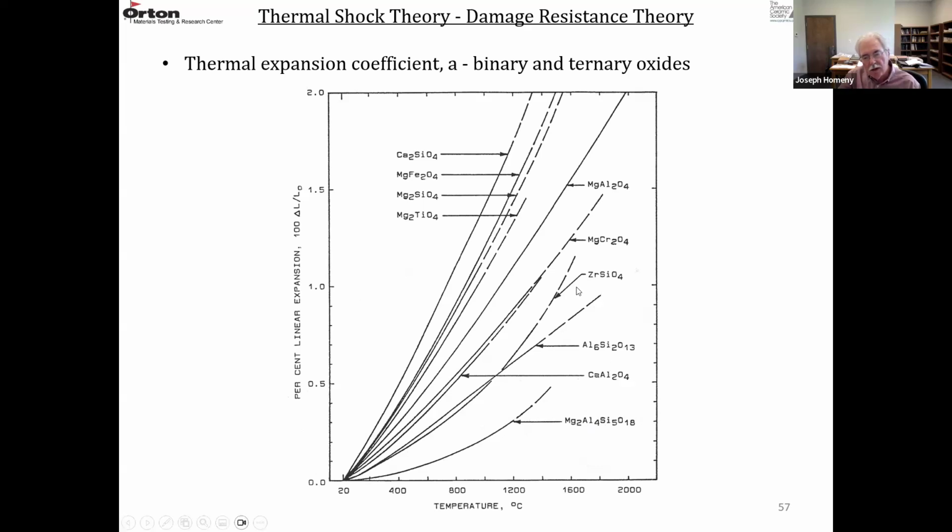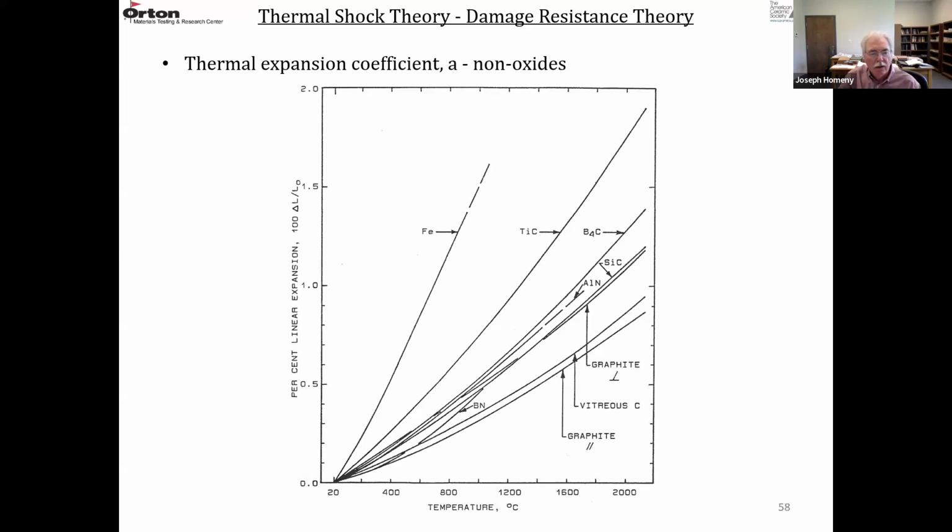So mullite and perhaps zircon have lower expansion coefficients. Zircon has some higher temperature issues where it dissociates into zirconium and silica. And then the non-oxides, they're lower.